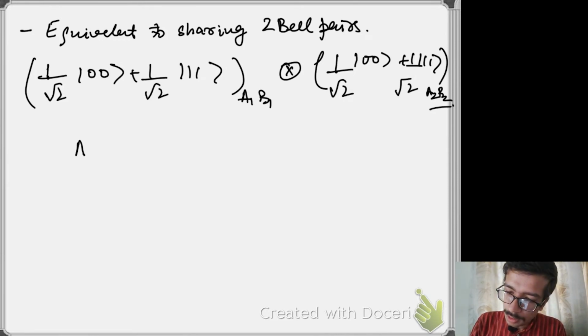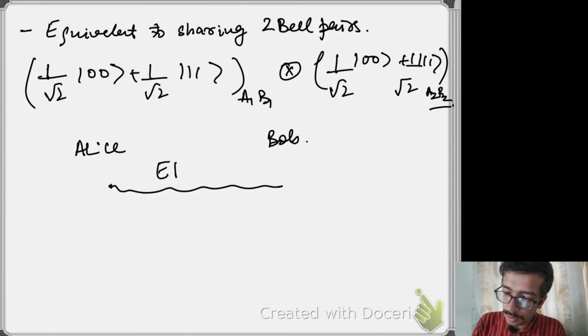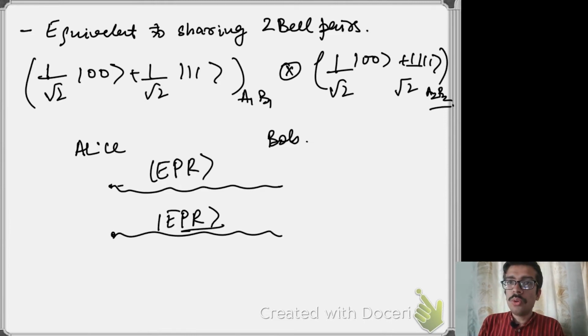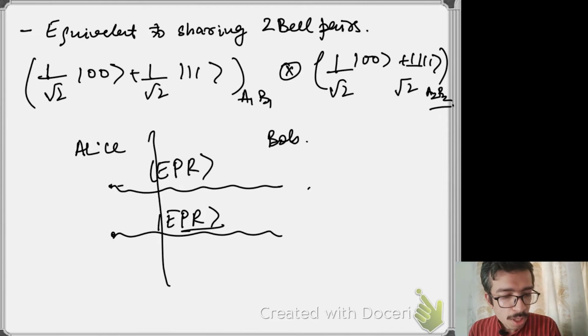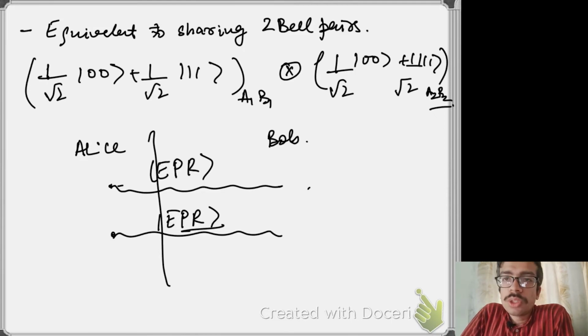Diagrammatically, there is the first EPR pair they are sharing, and there is a second EPR pair. So they hold 1 qubit each of the 2 EPR pairs, and given the inputs, they use the following operators to make their measurements.